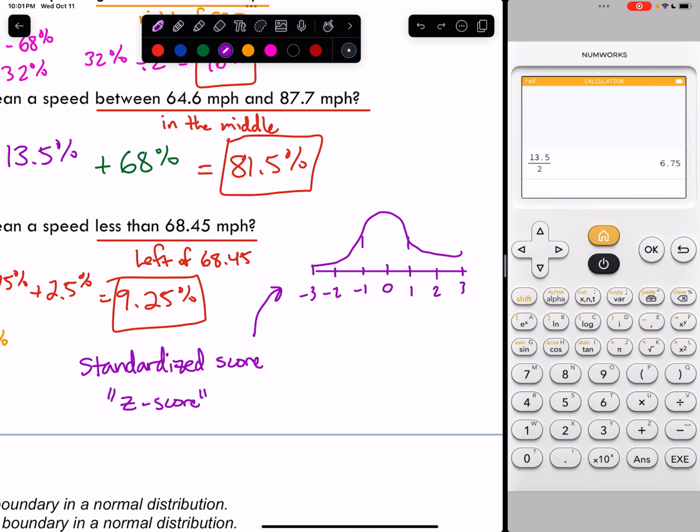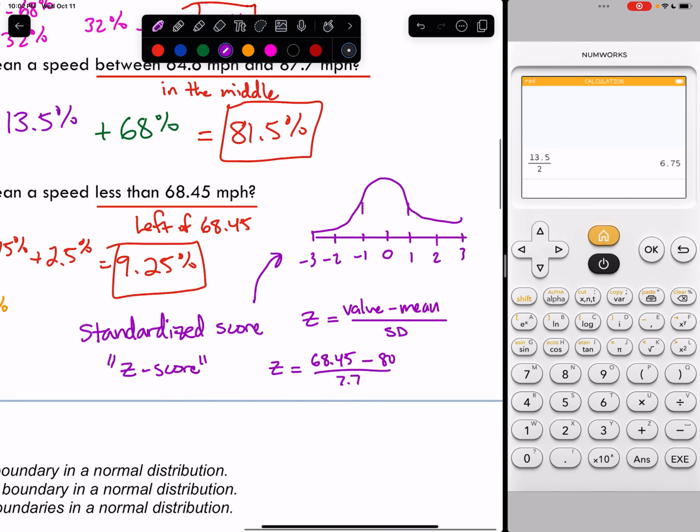But to find a standardized score, we're going to say z equals our current value minus the mean for our graph, divided by the standard deviation. And so what that looks like for our problem would be z equals our value, 68.45, minus the mean, which was 80, divided by the standard deviation, 7.7.